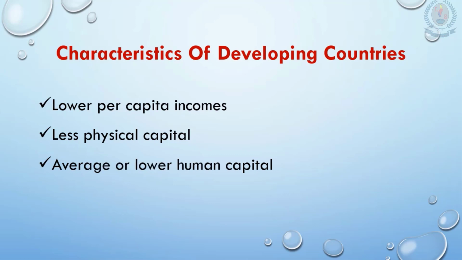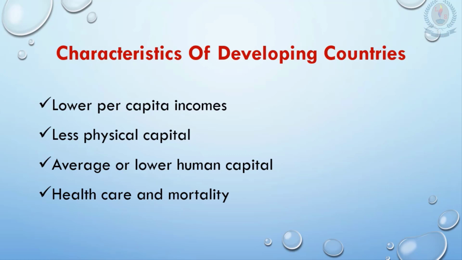Lower levels of human capital. On average, developing countries have lower levels of human capital. The population is less well educated and skilled than in a developed country. Healthcare and mortality. Individuals in developing countries on average suffer from poor health and die at younger ages than in developed countries where their healthcare is very advanced and they make use of new advanced technology.